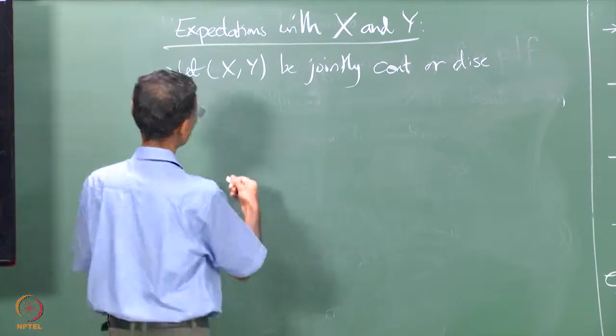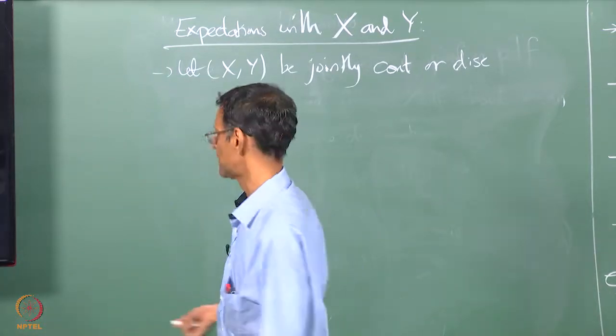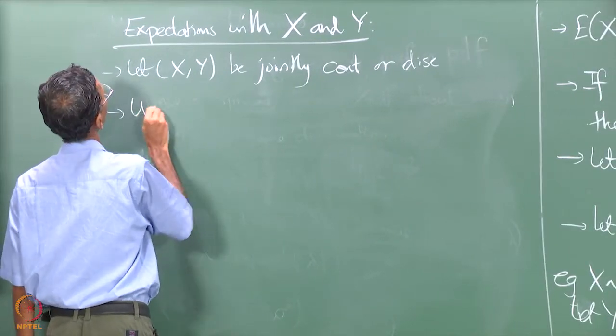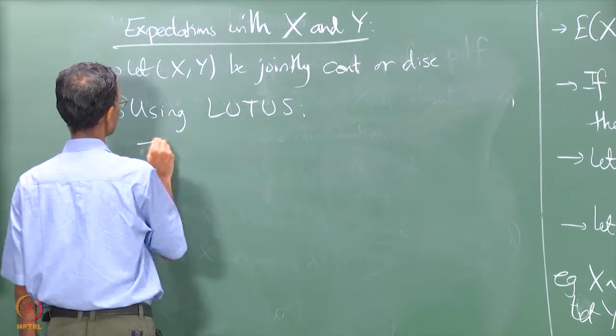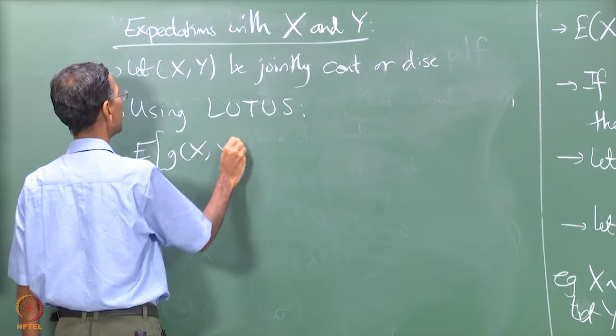Then I can directly write out using the Lotus theorem, or Lotus itself is a law. So, using Lotus, this E of a single scalar function of two random variables.